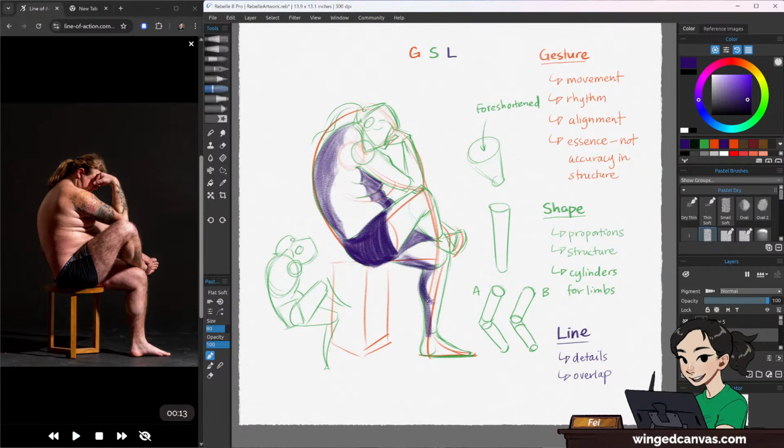So if you catch yourself drawing hairy lines, you probably did not do the GSL method. Because if you did, then you would have had 3 chances to figure out all the hard stuff, like your proportions and your structure, and you won't actually need all of those hairy lines.